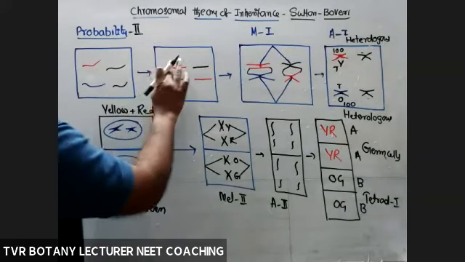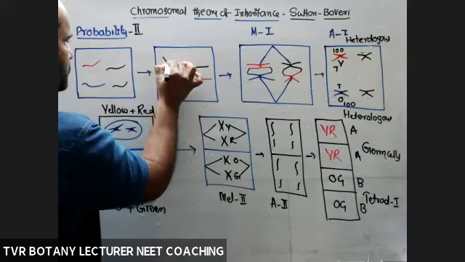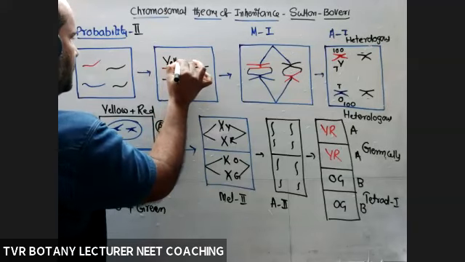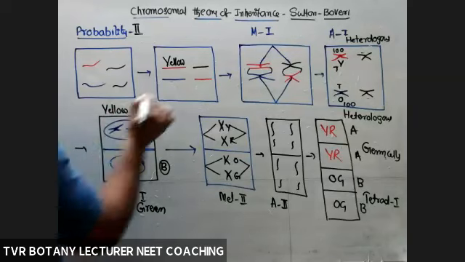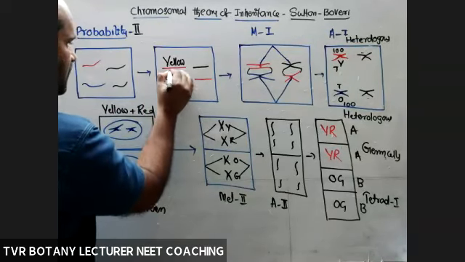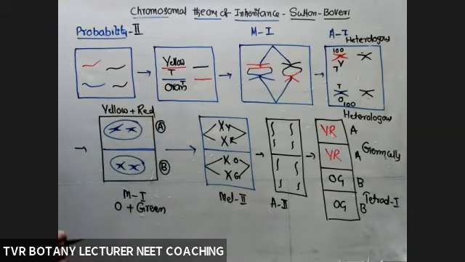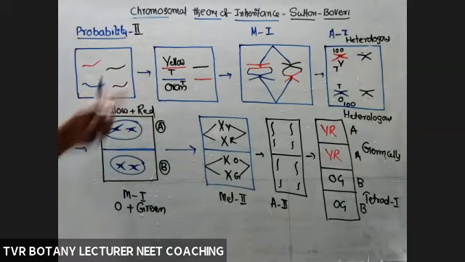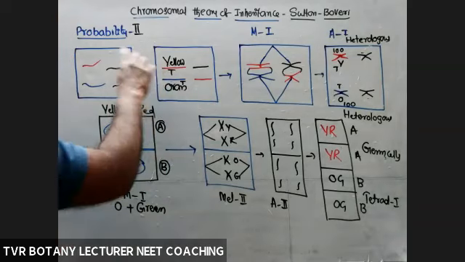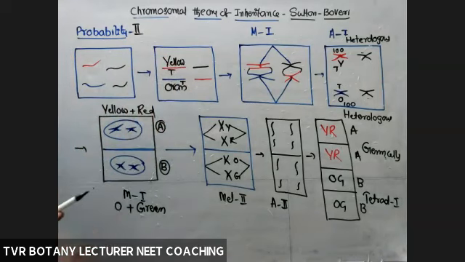Okay, so now there is no change in the position of the yellow chromosome, yellow as it is. Next, here orange as it is. Follow the textbook: they didn't change the yellow and orange positions. In both probabilities, according to the textbook, yellow and orange are in the same positions. But what about the second bivalent?